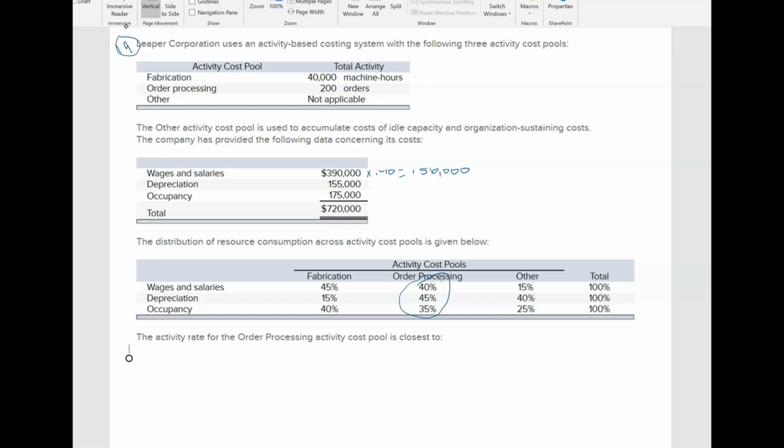The 155,000 times 45%, so times 0.45, 69. And then occupancy is by 35%, 61. So a total of 287,000.